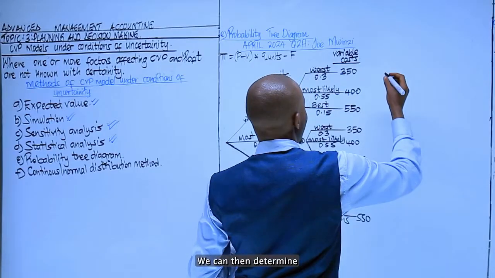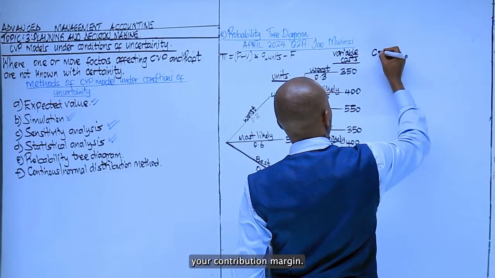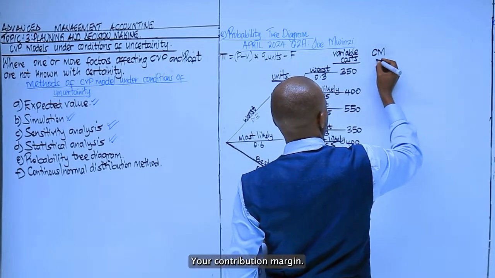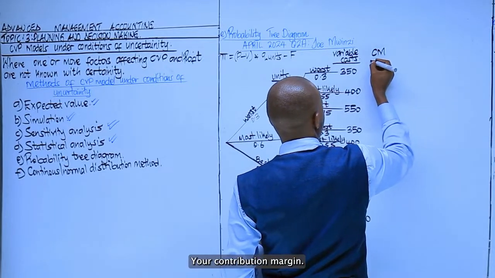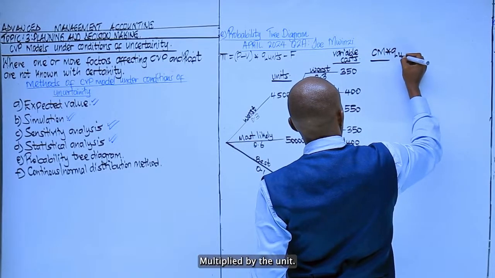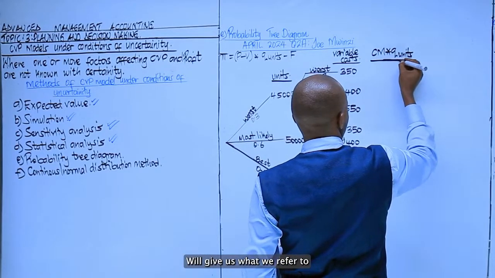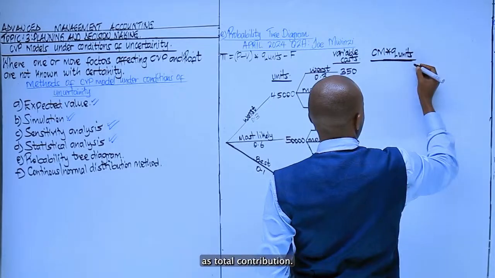Then we can determine your contribution margin. Your contribution margin multiplied by the units will give us what we refer to as total contribution.